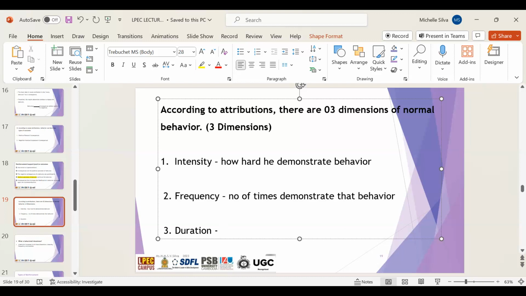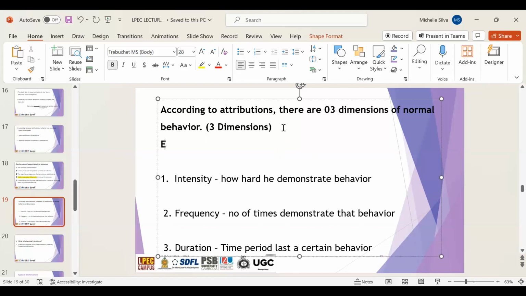Let's say when we talk about a person studying, an example is studying a subject, let's say psychology. So it's your behavior. This is an example for behavior.